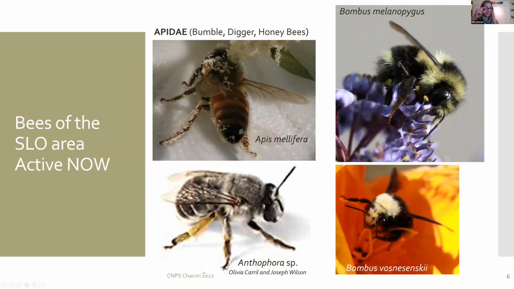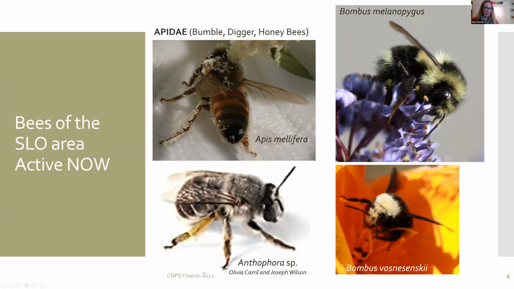And right now you've probably seen in your gardens the very large queens, over an inch long, out looking for corridors or little holes in the ground to make into their nests. We also have Bombus melanopygus, which is usually one of the first bumblebees, if not the first, to come out. They do okay in the cold, and so that's typical.